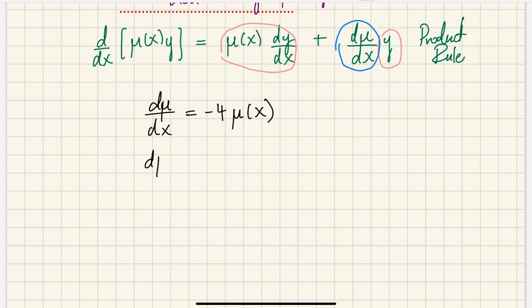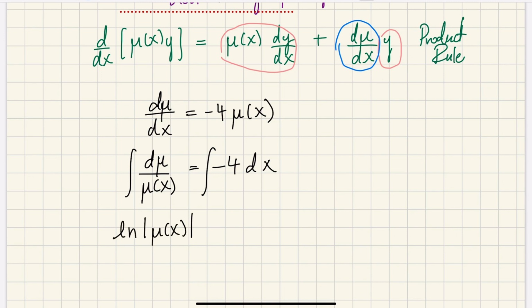So these become d mu over mu of x is equal to negative 4 dx. Now these are separate, so we can integrate. Integrating both sides, you get ln of mu of x is equal to negative 4x plus c.